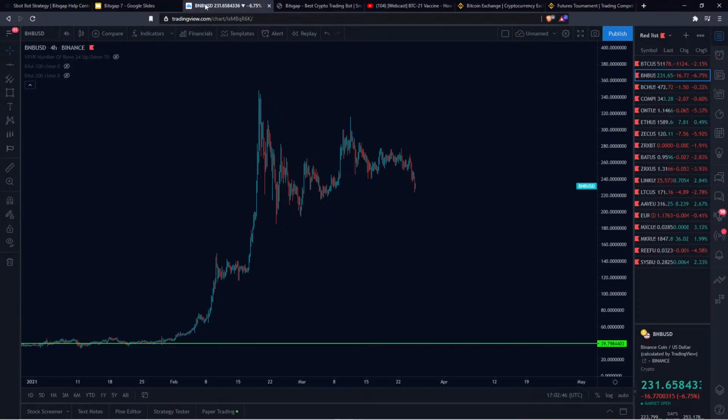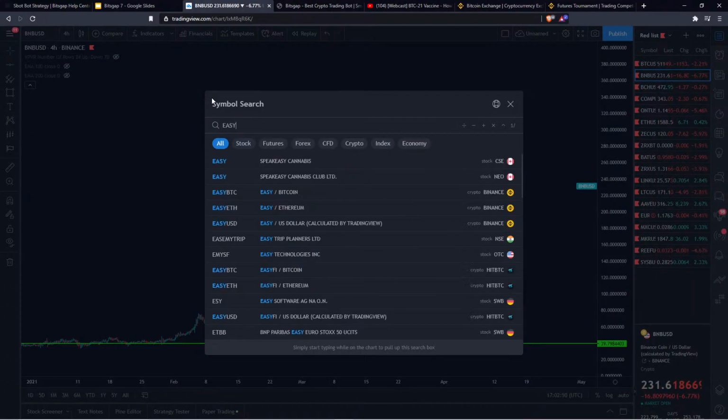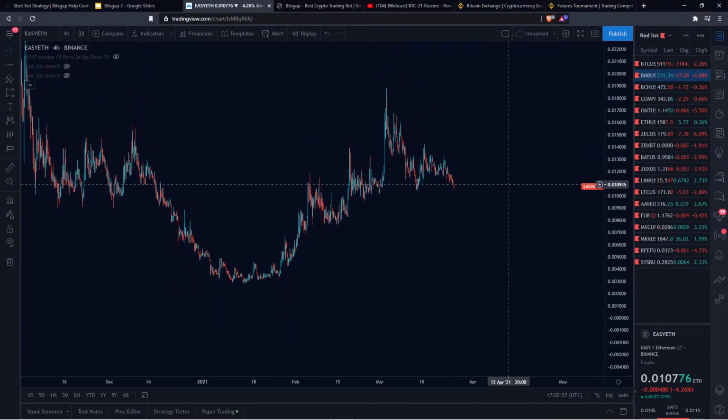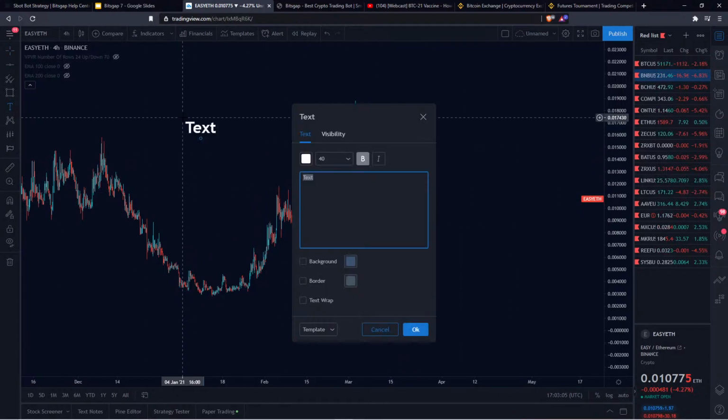Let's actually go to TradingView and I will show you something here. Let's open EASY trading to Ethereum, and I hope it appreciates right now. Yeah, actually I used this one on a previous webcast. So you see, that's EASY to Ethereum, and if you launch the bot on this crypto, that will generate returns in Ethereum.